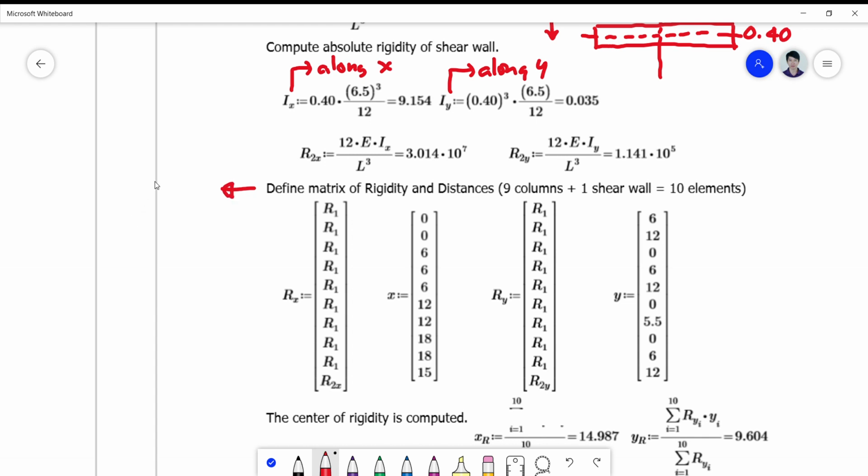So this is now a table that you can make use of, or a vector or matrix. So these are the R1s, for column 1, column 2, column 3, column 4, column 5, column 6, column 7, column 8, column 9, and then the shear wall.